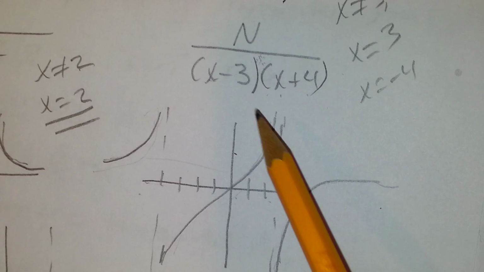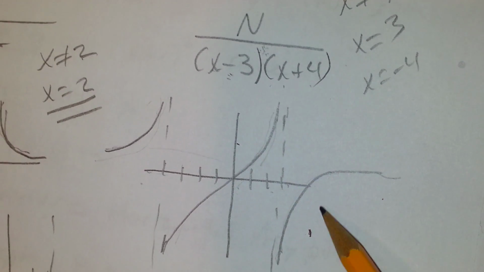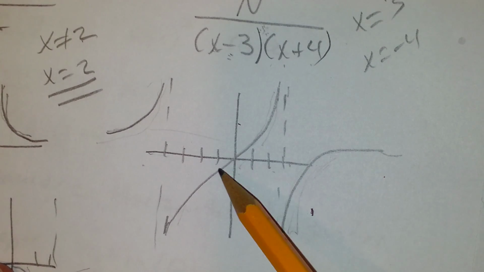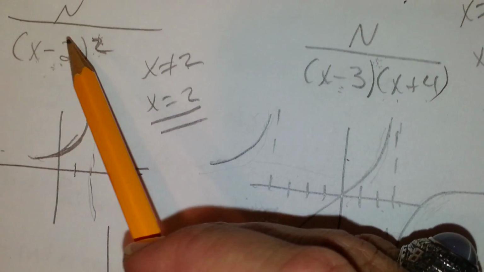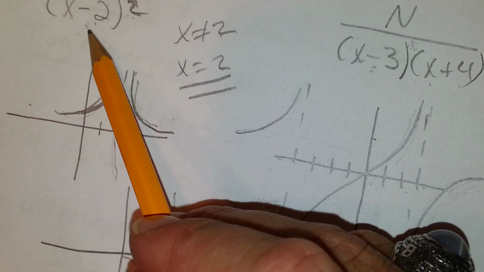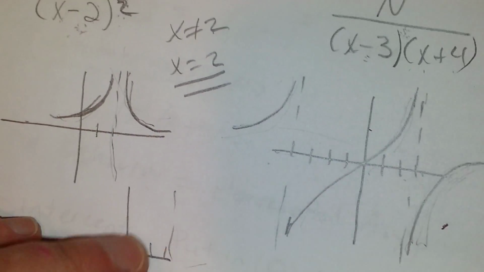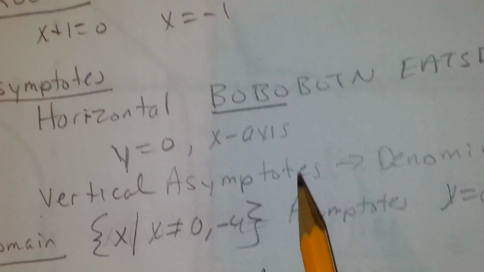At the asymptote created there, like at 3 and negative 4, notice how the graphs are apart. As they approach the asymptote from either side, they go in different directions. Whereas if you come from a squared or an even factor, the graphs approach that asymptote and work together. All right, so here's a problem. We'll really quickly go through.